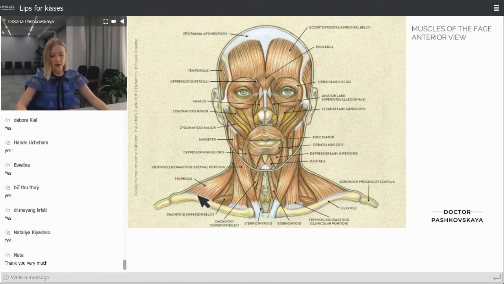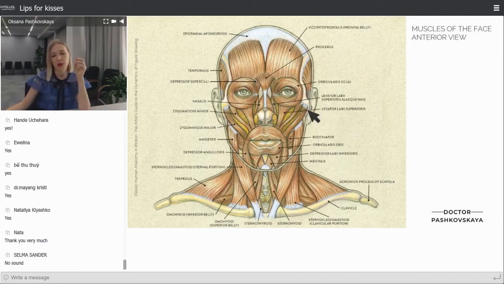So let's consider that mostly our lips are the insertion of the muscle, the insertion of the orbicularis oris muscle. Why do I want to draw your attention to this?